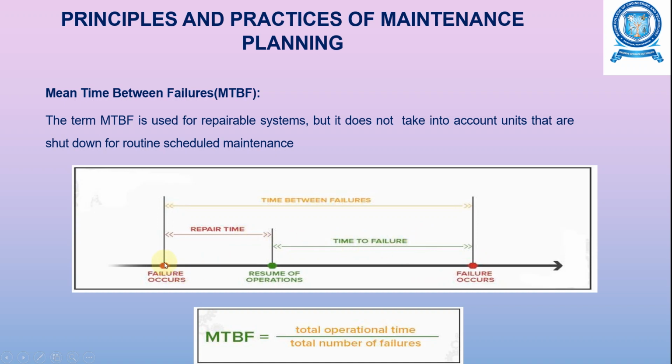Once the failure occurs and after the system is repaired, the operation is resumed and again the failure occurs. This time gap, that is the repair time and the time to failure, is called the time between failure. So mean time between failure is the total operational time divided by the total number of failures. This is what is called mean time between failures.